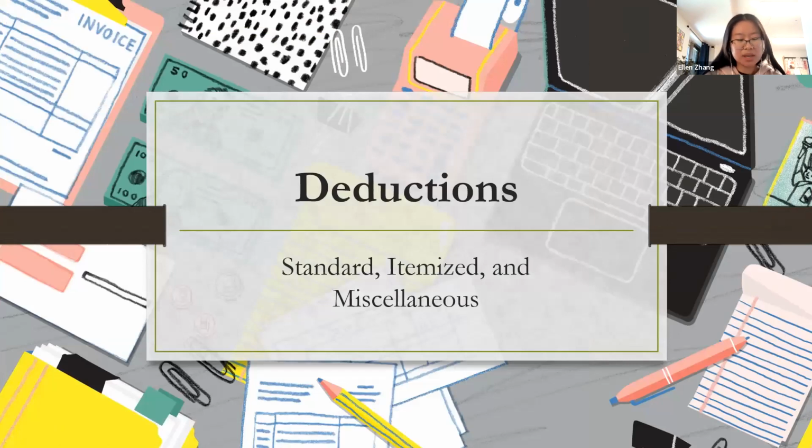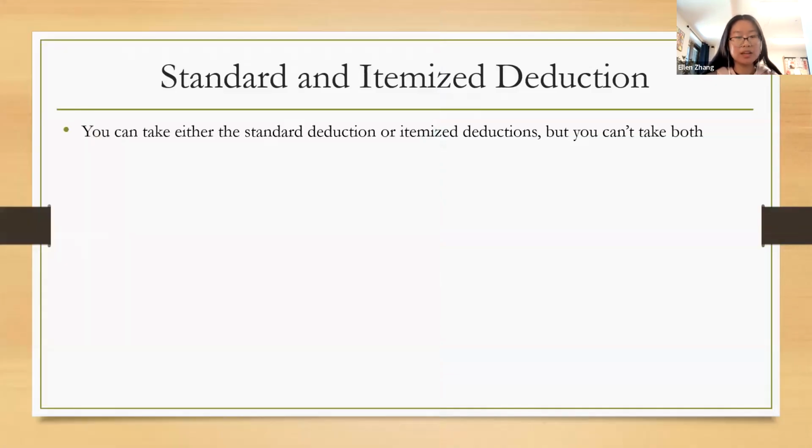And deductions can be grouped into three larger areas. We have the standard deduction, the itemized deduction, and everything else. So let's start with standard and itemized. You can take either the standard deduction or the itemized deduction, but you can't take both. It's a one or the other kind of deal, no double dipping in your deductions.